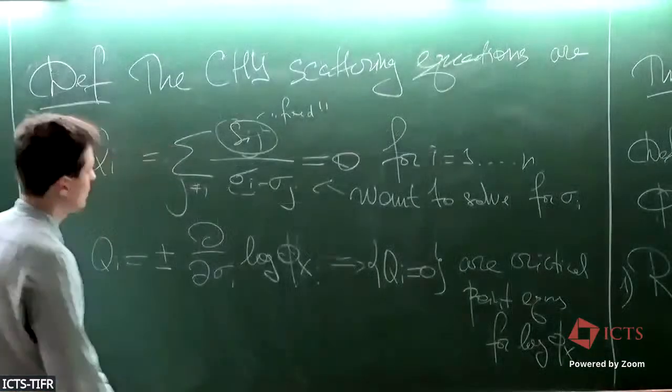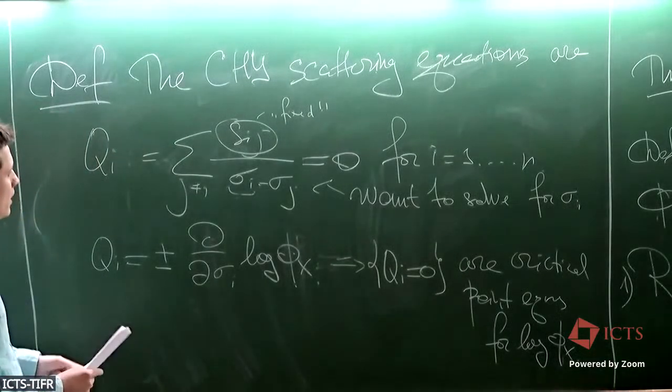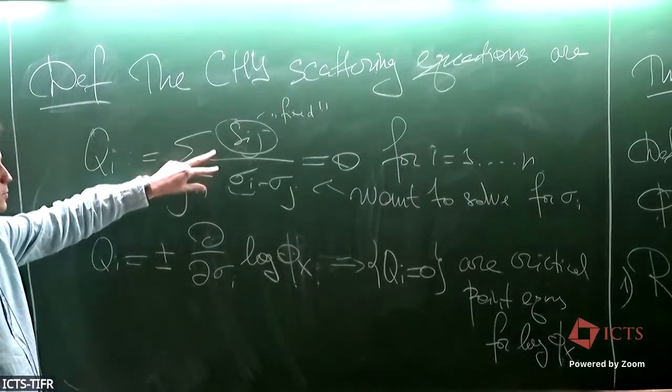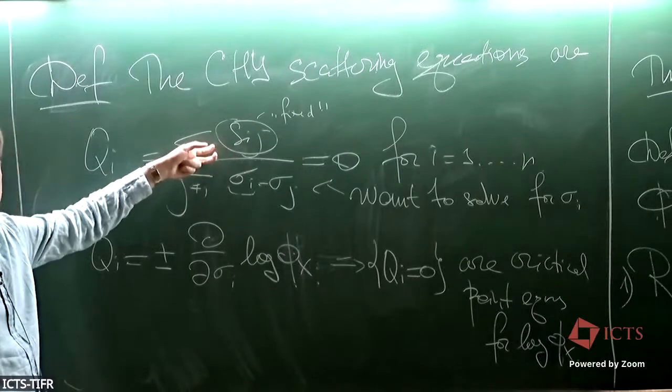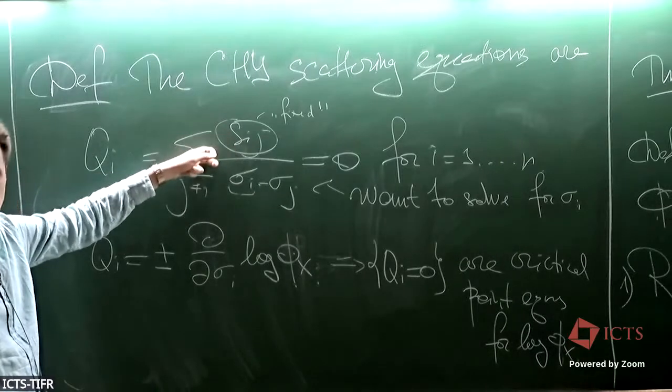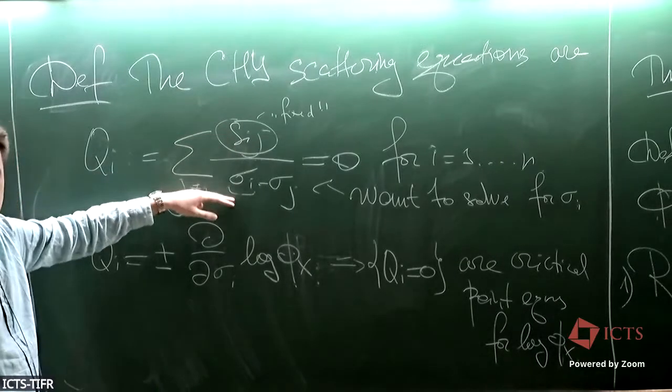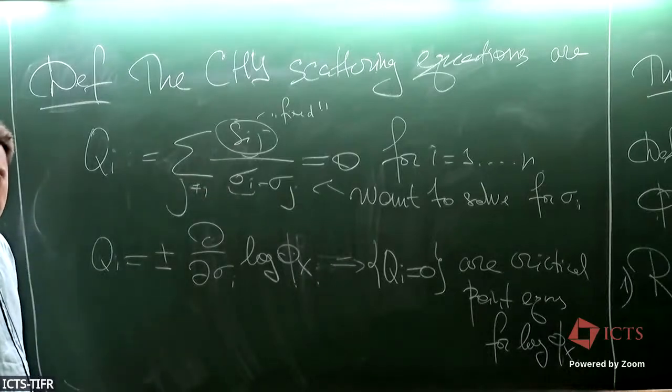I don't know how unclear this is in the end. This is a system of rational function equations, and the Sij's appear rationally here. So they're just the numerators of those. But the sigma ij's are not rational functions of the Sij.